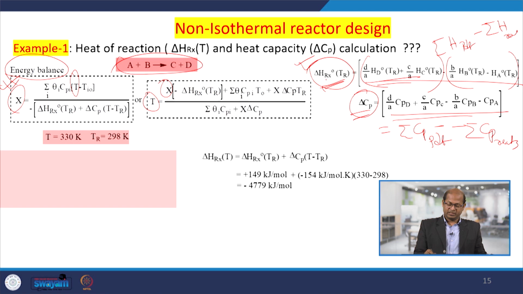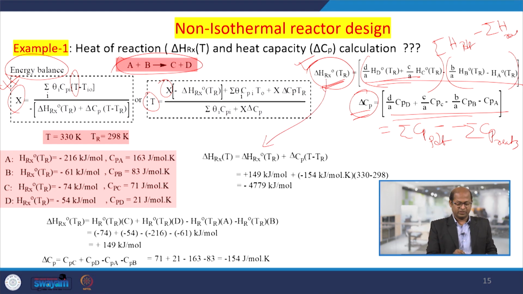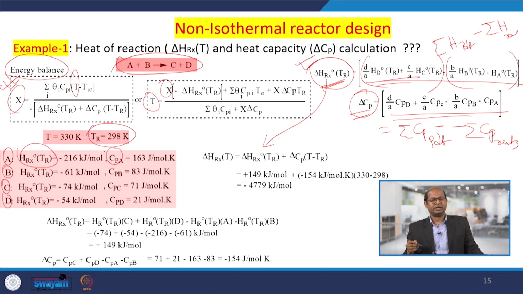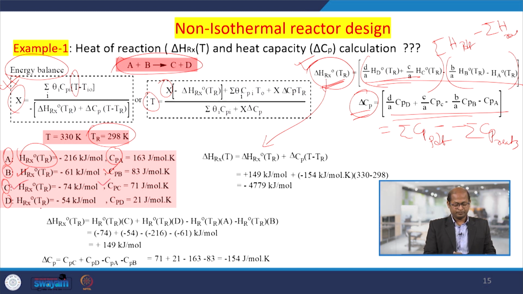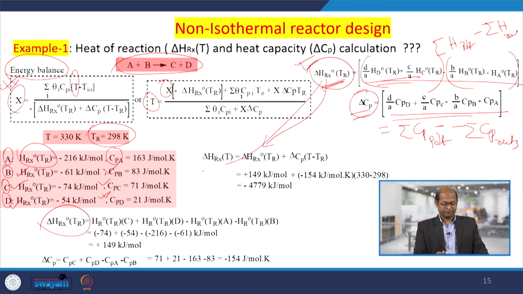If the heat of reaction is not given, let us say for a particular reaction the standard or reference temperature TR is given for components A, B, C. The heat of reaction and heat capacity of component A are given, similarly for component B, and for components C and D also the heat capacity and heat of reaction are given. Then we can easily find these out using these equations.